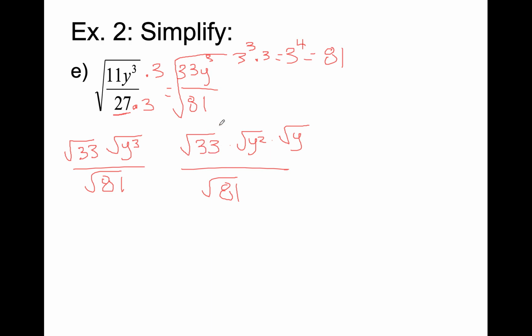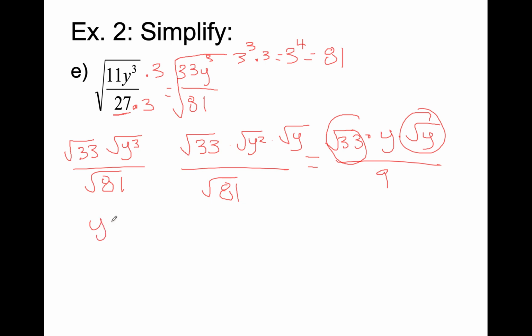33, I can't break into any radicals. It does not have a perfect square factor. So now I'm just going to evaluate each of these radicals. I'm left with radical 33 times radical y squared, which is just y, times radical y, all over radical 81, that's 9. Now I'm going to rewrite it and group my terms. My two radicals I'm going to combine.